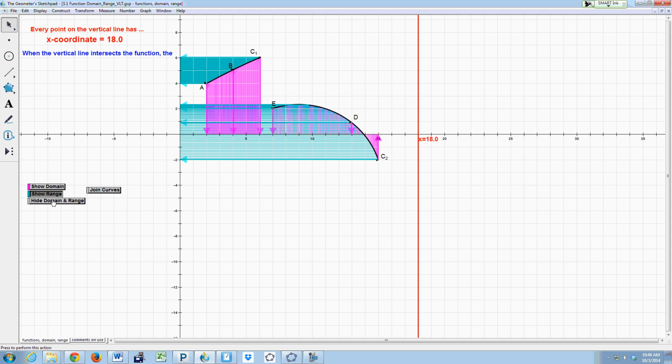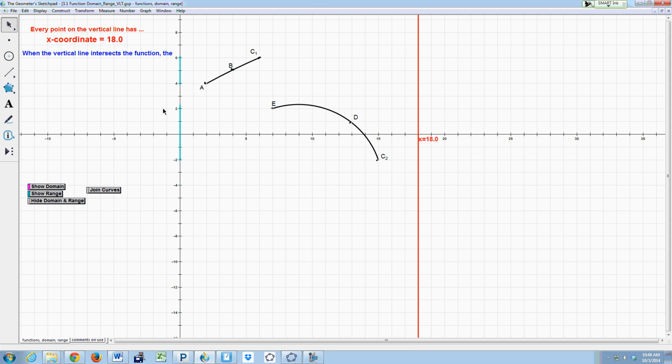And then if I say hide domain and range, notice here I'm left along my y-axis with this nice green interval. And I don't know what happened to my pink interval, but let's put it in here. It would go from there to there, and then it would go from here to there.